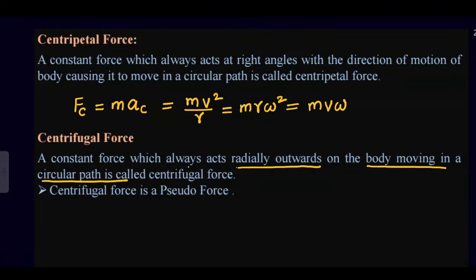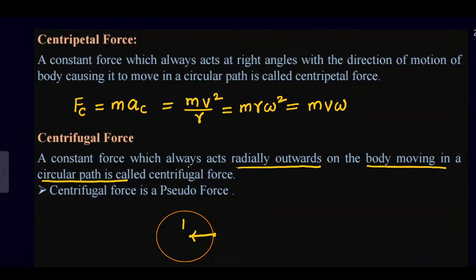And the centrifugal force and centripetal force are both equal in magnitude but opposite in direction. If the body is moving in a circular motion like this, there is some force which acts toward the center.